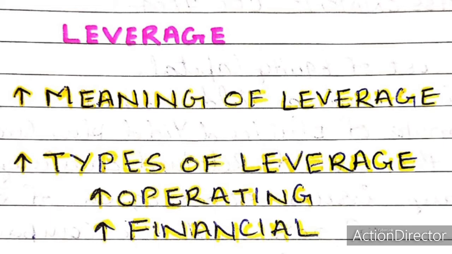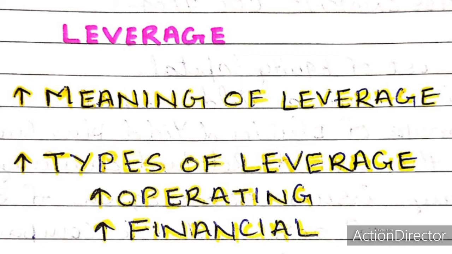Let's understand the meaning of leverage. In science of engineering, leverage has been defined as the action of a lever and mechanical advantage gained by it, that is, raise a given tool with less power. However, in financial management, it is used in a specific sense.